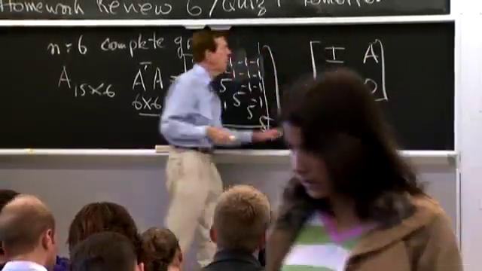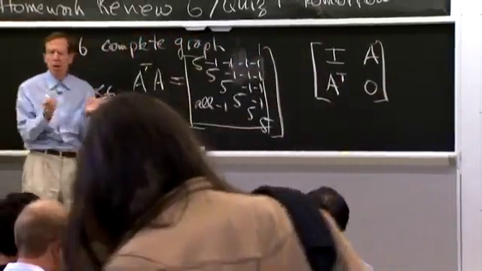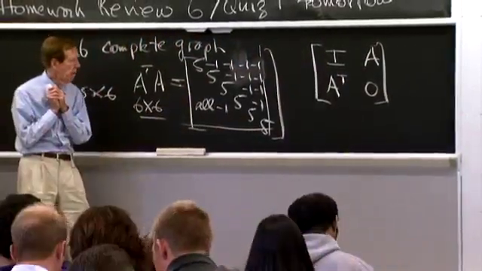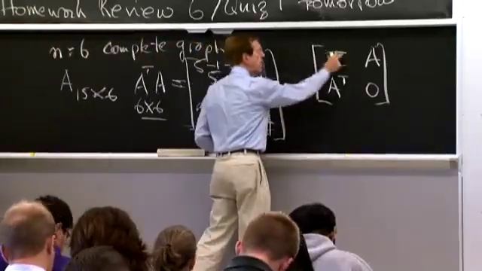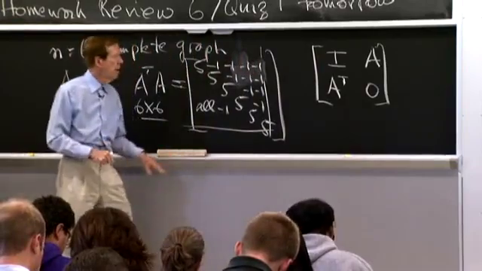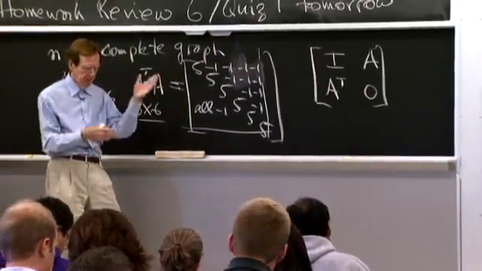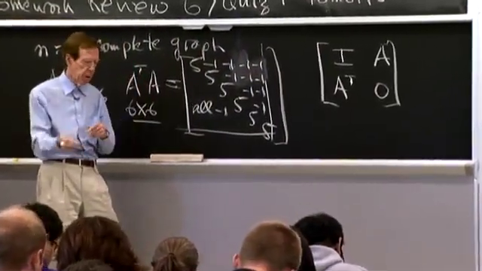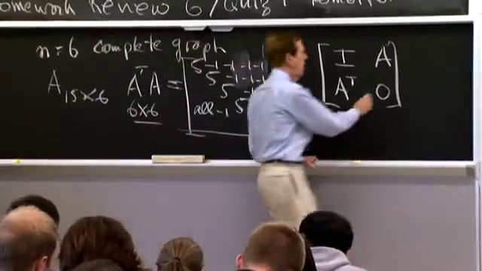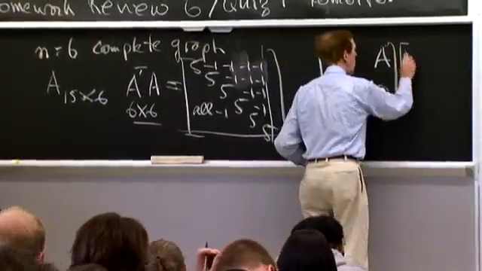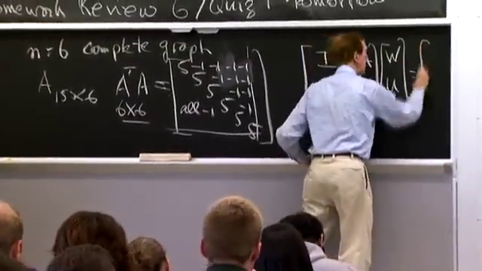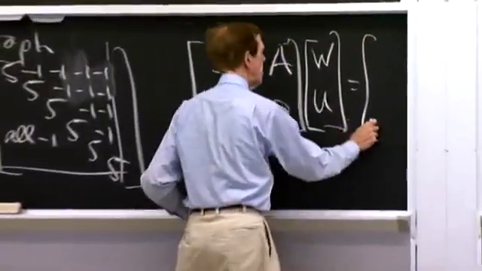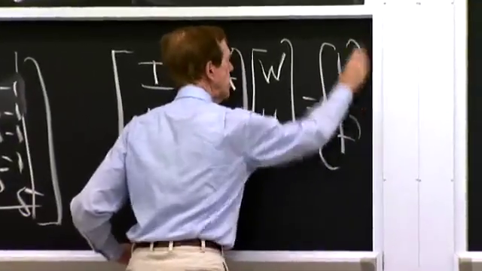That would be my mixed method matrix, you could say. My saddle point matrix. It starts out very positive definite, but it ends up negative definite. And that's typical of mixed methods when both unknowns, the currents as well as the potentials, are included in the system. So A transpose W, that was F, I think, and this is B.